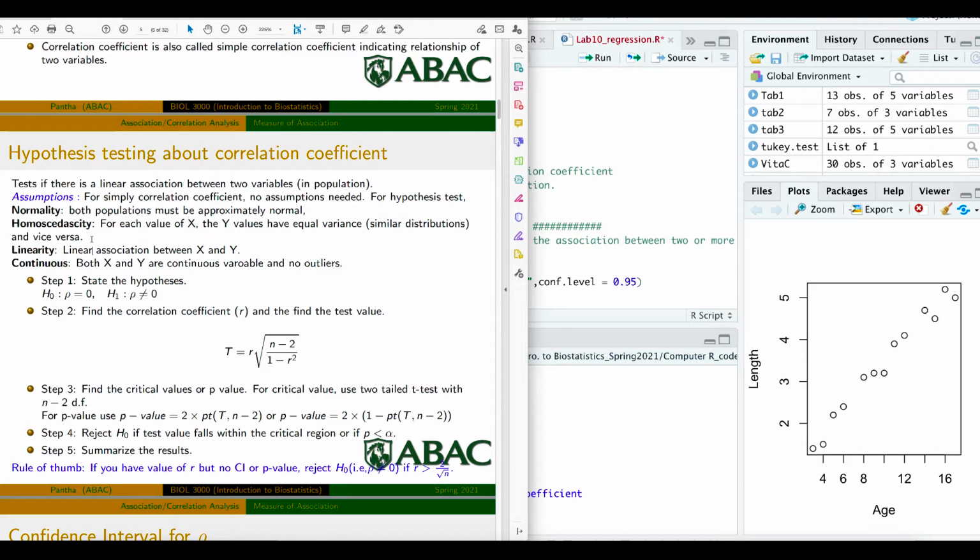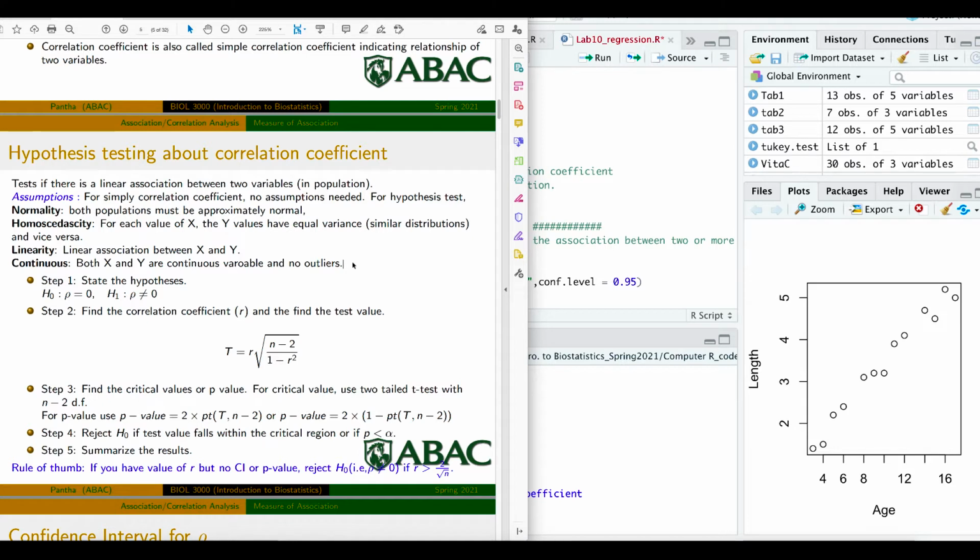Because x values can be repeated or y values can be repeated. So for each x value, if they are repeated, the y values must be equally scattered from the center values. That's what it is saying. And similarly for the y values. Linearity is another assumption, that is the linear association between x and y. And continuity: both x and y must be continuous variables and there should not be any outliers.